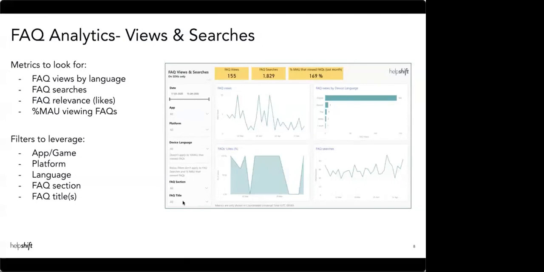You can select it from the drop down here, and you can go on to the right-hand side graph here, where it will give you all the detailed numbers of FAQ views by different languages which you have published your FAQs in. You can also expand this graph and look into detailed numbers for all your different languages.